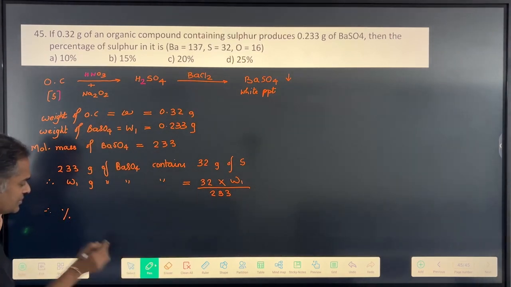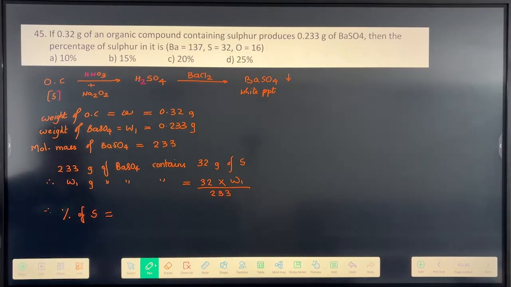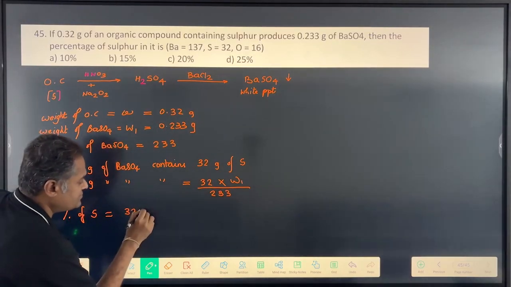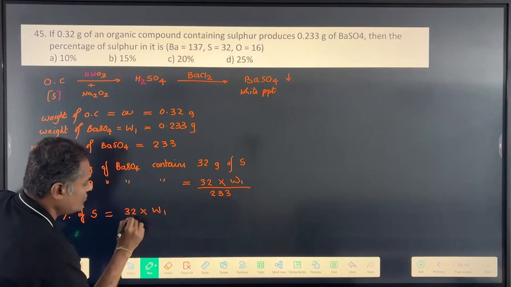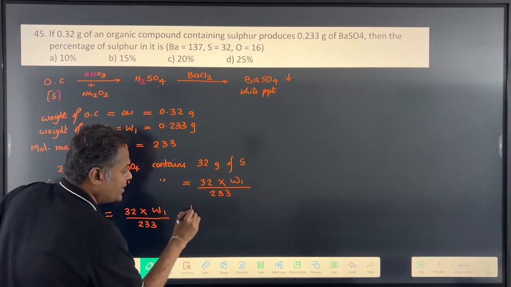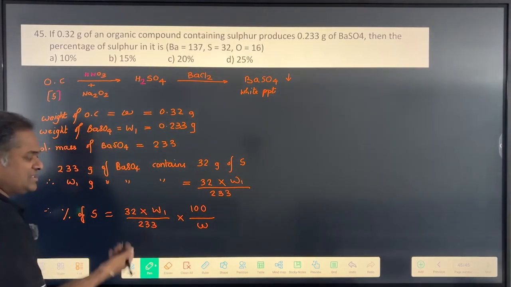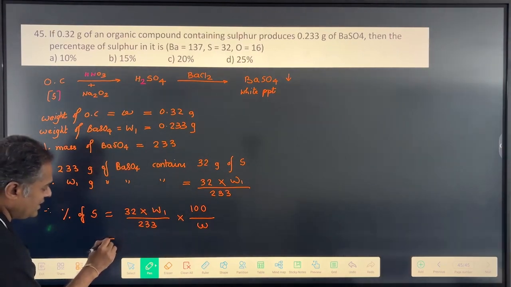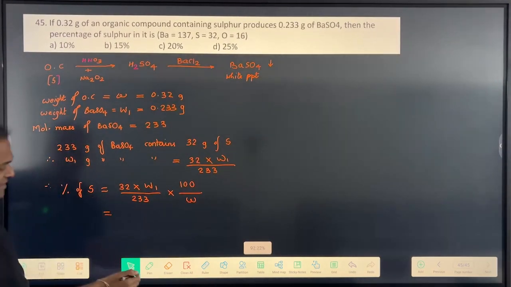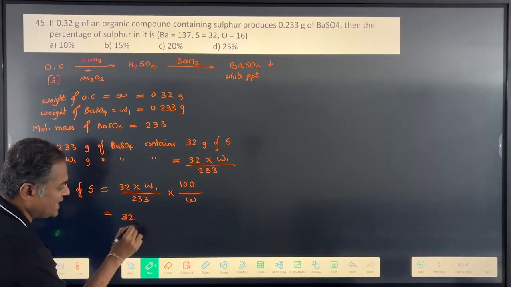sulfur, correct? Now, how do we calculate the percentage, child? Whatever the value of the weight is, we take that, then multiply by 100 and divide by the original weight of the organic compound. After substituting the values, let's write what we have. Here, 32 is as it is.